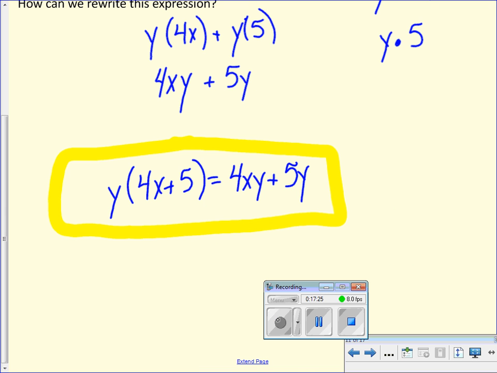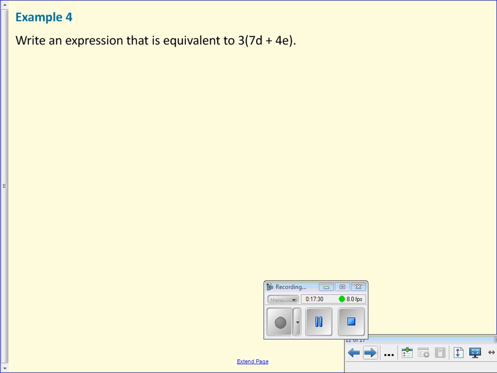All right, so that's a nice little summary of what we just worked on. All right, so now let's try it again. Write an expression. Woo, doesn't ask for a model. Just wants an expression that is equivalent. We just finished saying we can multiply everything inside the parentheses by that term on the outside of the parentheses.